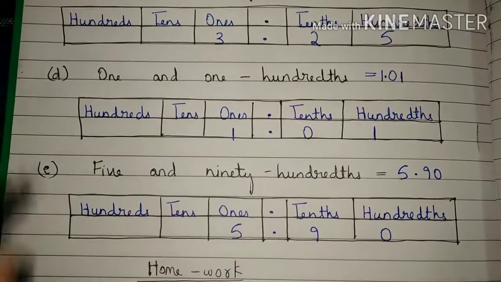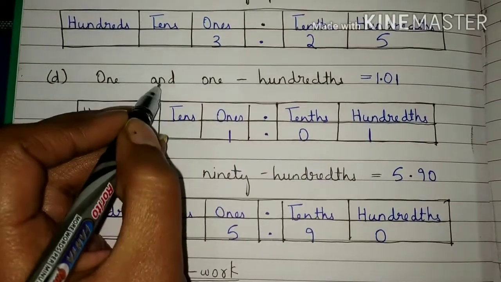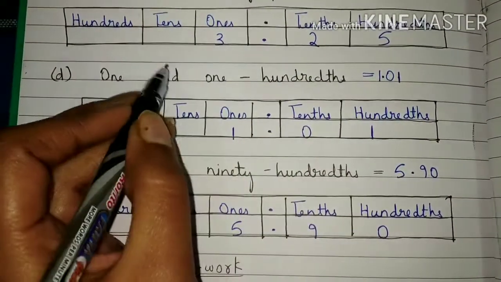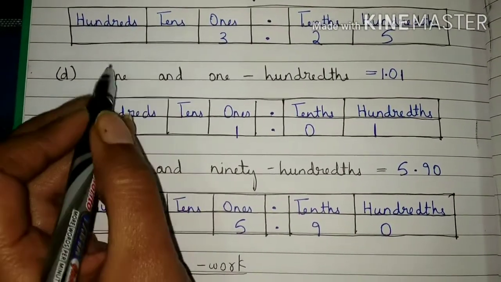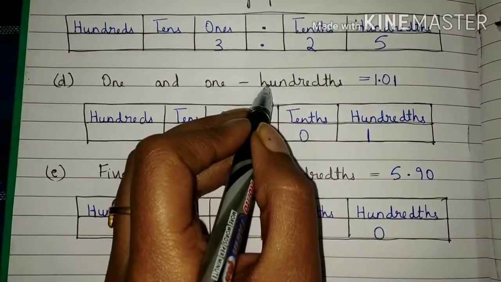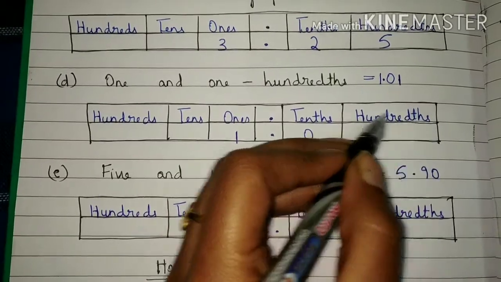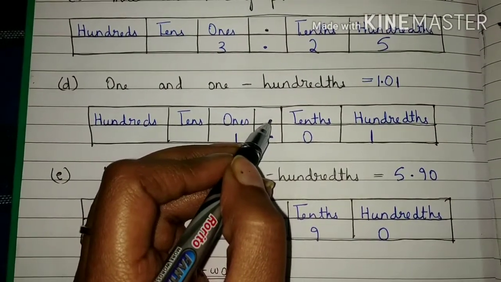Students, now come to D part. Question is 1 and 1 hundredth. Students, you are going to write number in decimal form for 1 and 1 hundredth. Students, first of all, you will draw place value chart like this. In the middle, you will put a decimal point.